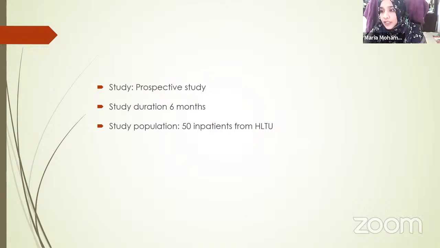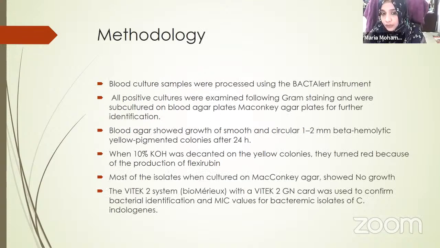It is a prospective study over a duration of 6 months with 50 inpatients in the heart-lung transplant unit. All the blood culture samples received from HLTU were processed using BACT/ALERT instruments. All positive cultures were examined following Gram staining and were subcultured on blood agar and MacConkey agar on flagging positive.